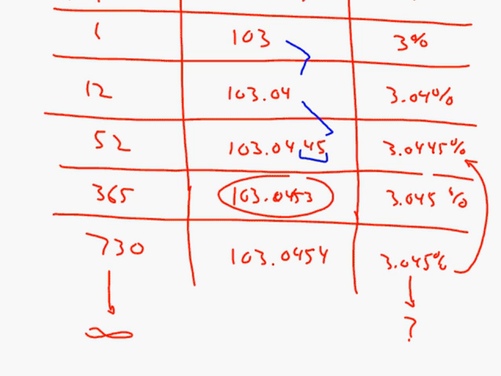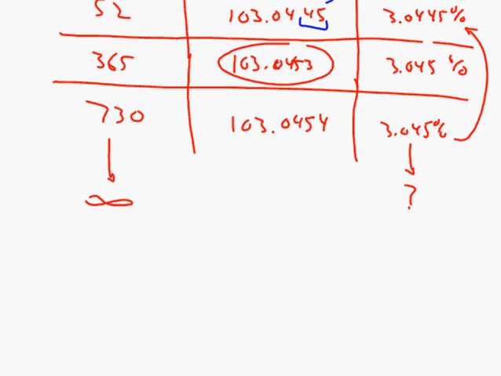Right? It's not growing fast enough for that to happen. So there's some limiting value over here. Okay? And that's what we want to start to talk about next. So in a future video, we will talk about what that limiting value is.